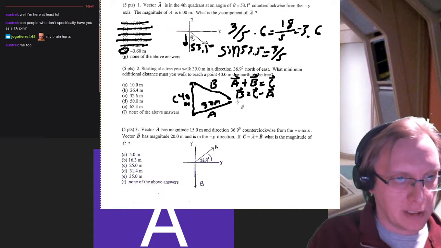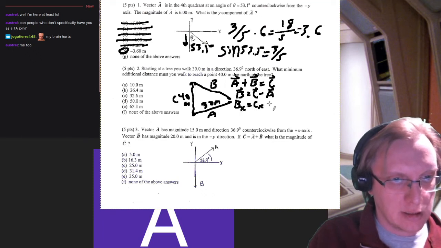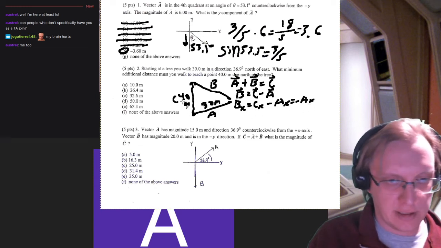All right, so we need to do Bx is equal to Cx minus Ax, which is just simply equal to minus Ax because C is not going in the x direction either direction.